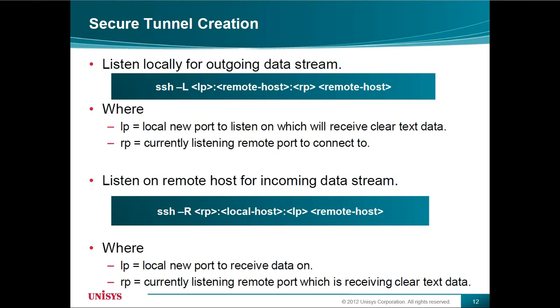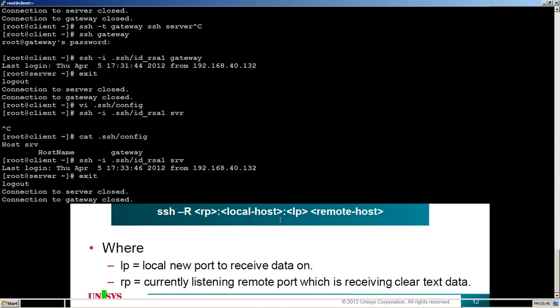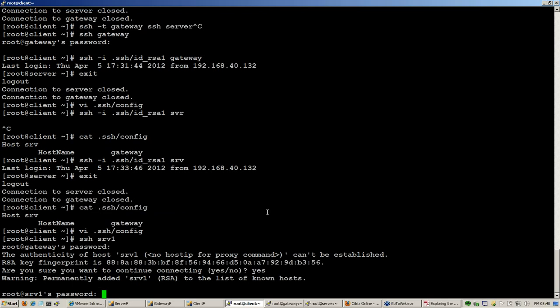But if we want to redirect the remote host's traffic to us, we need to give R, because in that case it will open a listening port on the remote machine. Other than that, there is a local port, which is a new port to listen on, and RP is the remote port, which is already getting some data, the currently listening port. And similarly R. Let me see, now it's asking me for the server's password.